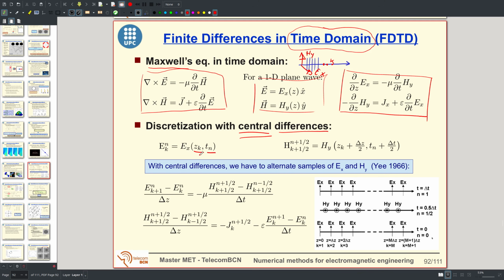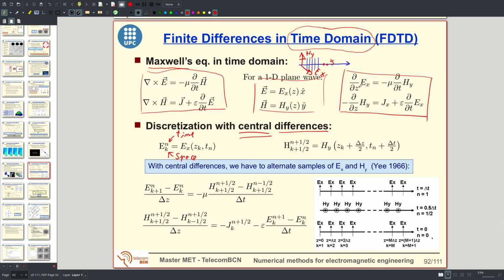For clarity, we will use a short notation in which the subindex k denotes the position in space, the sample is at z_k, and the superindex n denotes the position in time. You sample at time t_n. So the subindex is the position in space and the superindex is the position in time.